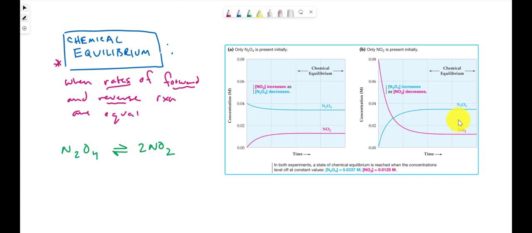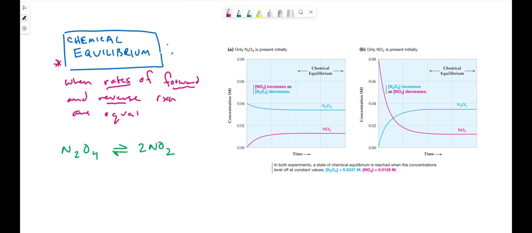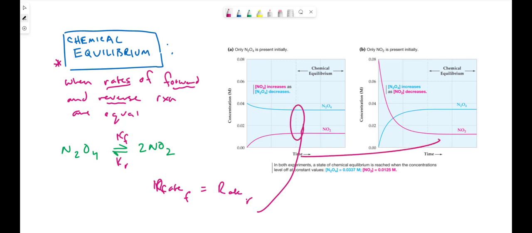And that's because, again, the forward and the reverse reactions, which I'll write as Kf and Kr, those two things, well, let's just say the rate forward is equal to the rate in reverse, and that's what gives rise to this equilibrium state and this equilibrium state being identical.